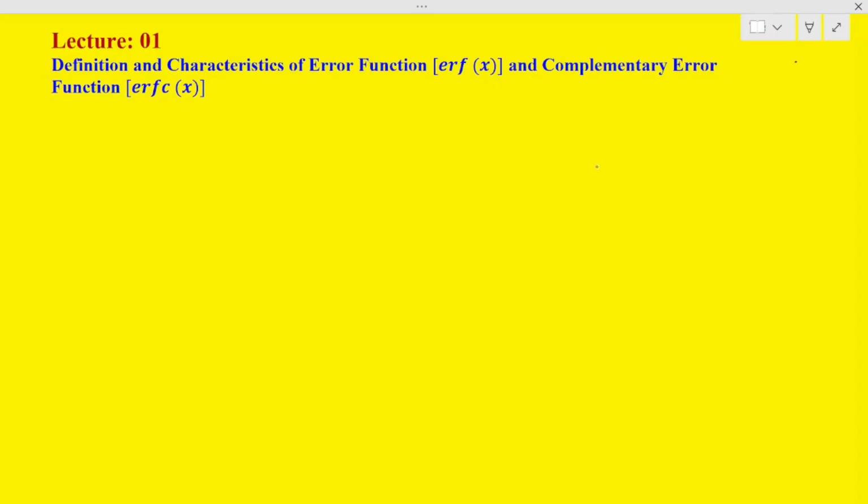Here the error function is an integral. I'm going to define the error function, which is represented as ERF of x.